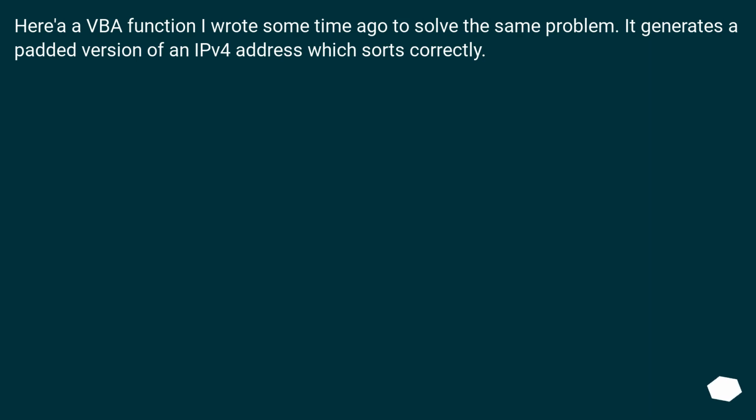Here I have a function I wrote some time ago to solve the same problem. It generates a padded version of an IP4 address which sorts correctly.